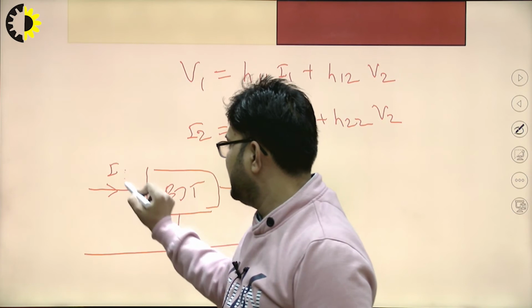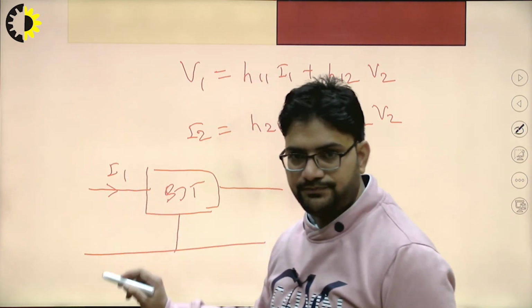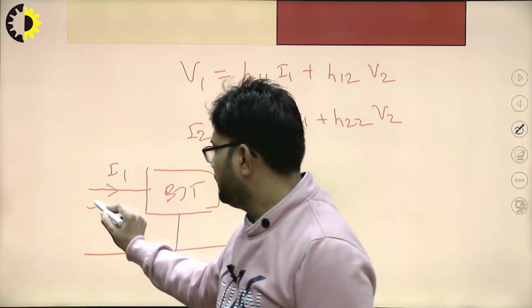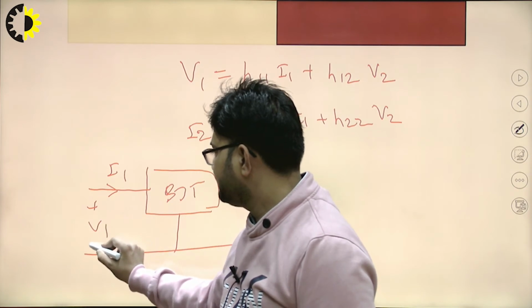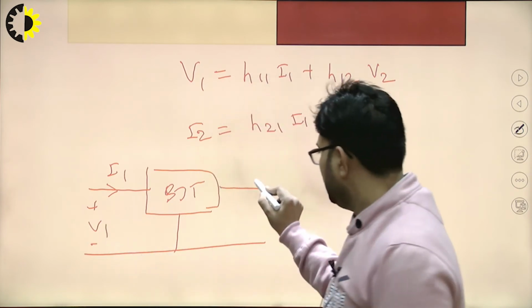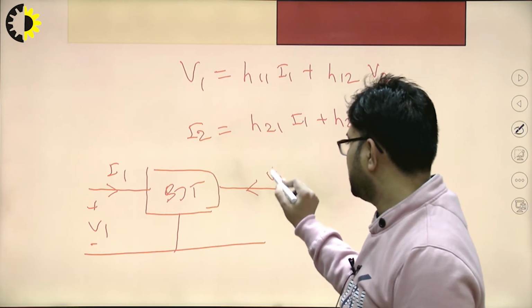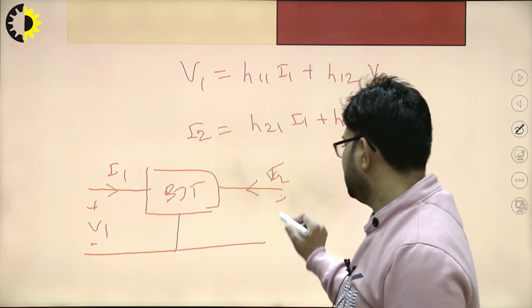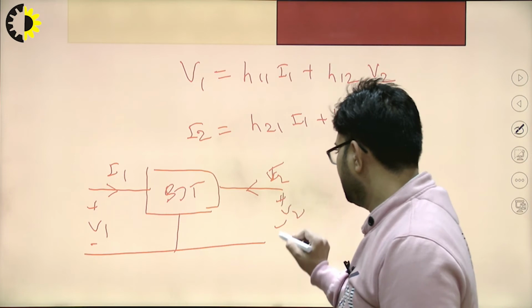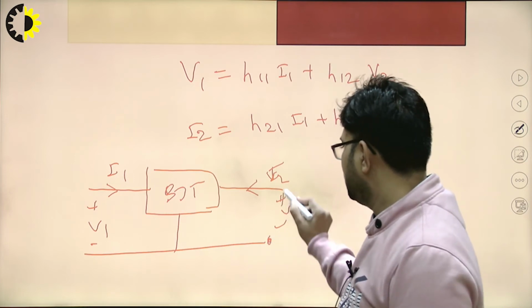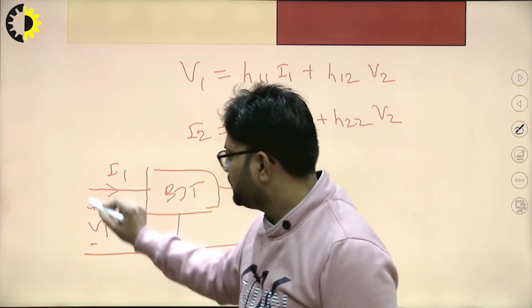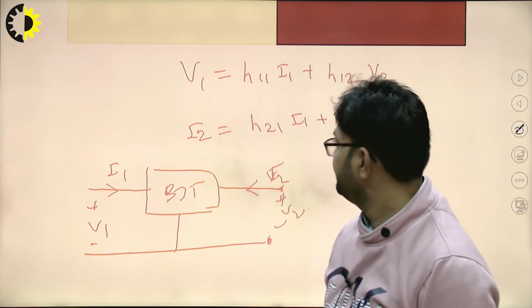So this one is input current and input voltage is V1, output voltage is V2, and output current is I2 and voltage is V2, right? So this is your input and output for the BJT.